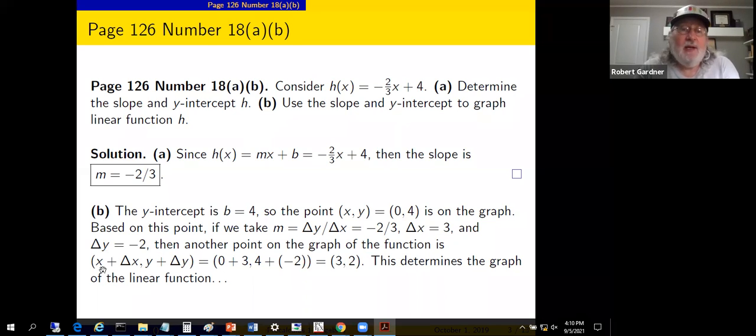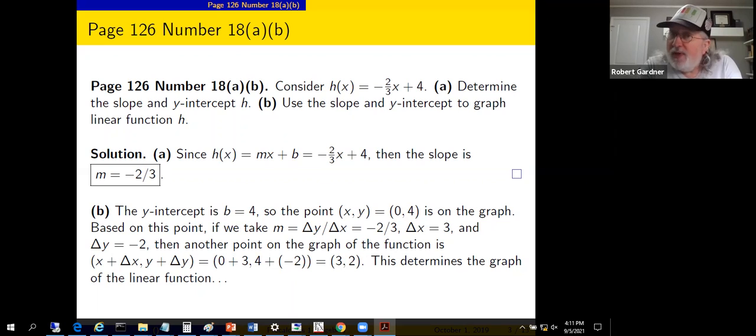That allows us to find a new point on the line, x plus delta x and y plus delta y, based on the point (x, y) equals (0, 4). So x plus delta x would be 0 plus 3, right? Y plus delta y would be 4 plus negative 2, giving us another point, (3, 2).